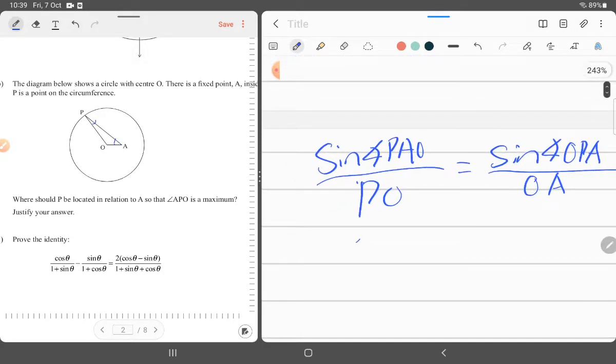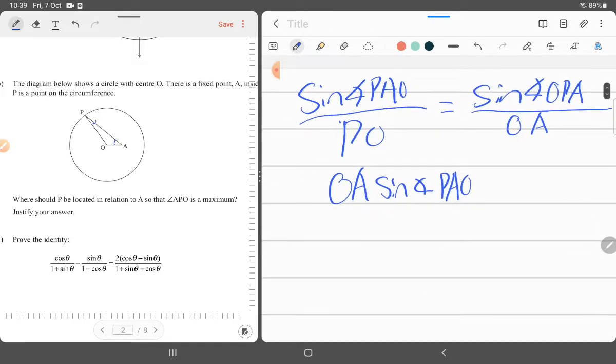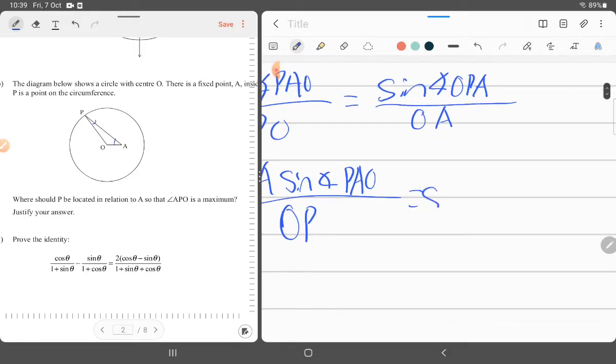So sine PAO over OP is equal to sine of angle APO over OA.